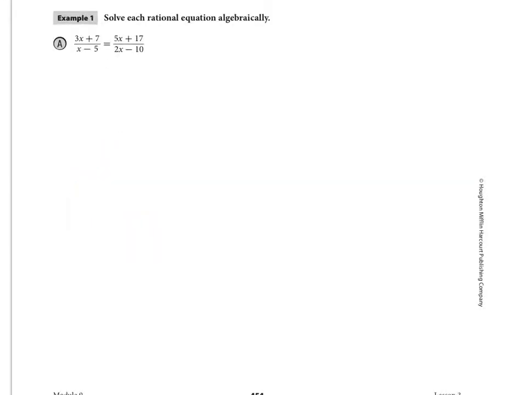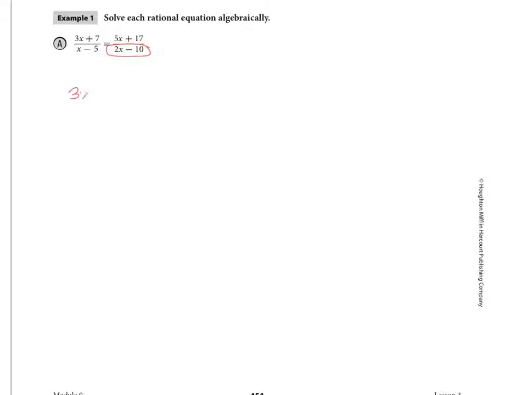Okay, so notice on this example, it's an equation, right? There's an equal sign in the middle, so we're not multiplying anything or dividing anything quite yet. We're going to actually be solving. So the first thing that I want to do is factor any of these that can be factored. Notice that the only one that can be factored is this 2x minus 10 on the bottom.